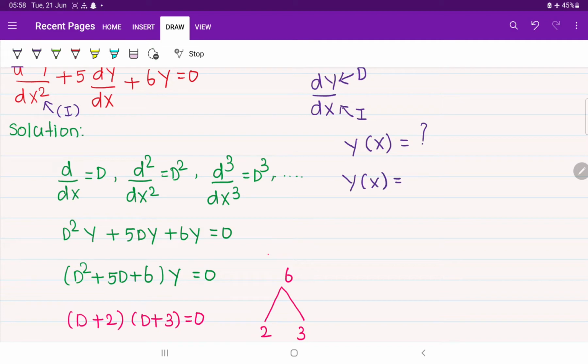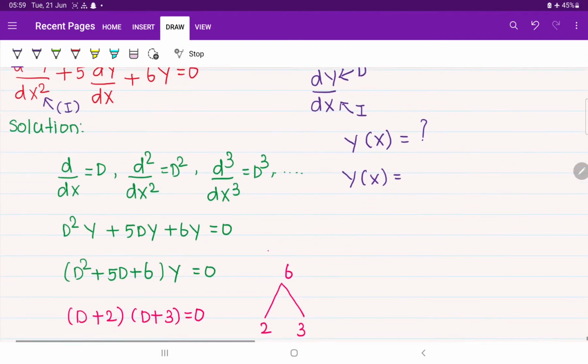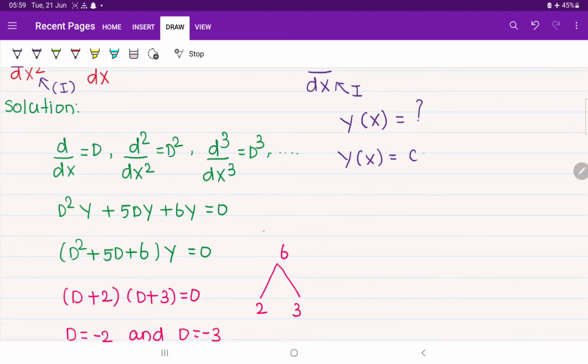So, y of x equals, if the order is more than 1, then we will have two solutions. One is called the complementary function and another one is called the particular integral. First we are going to learn how to obtain this complementary function. Later we will learn how to obtain the particular integral.